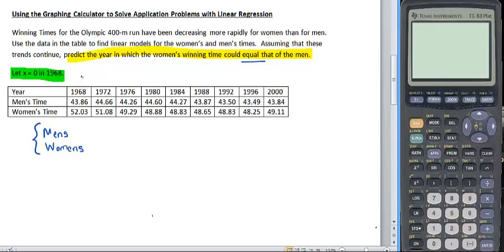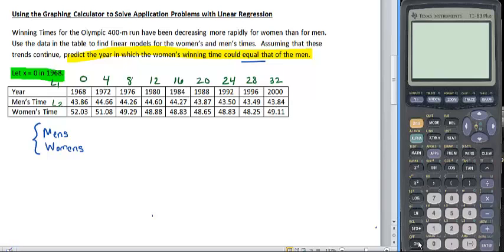So in 1968 it would be 0, 1972 would be 4, and so on. I will enter each of these x values into my list 1, and then for my men's times, I'm going to put them into list 2.